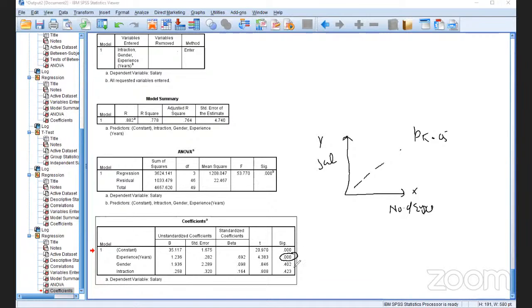Now gender is a categorical variable. There is no impact of gender when we take the two simultaneously, the independent variable and gender. But when we checked separately, we found there is a significant difference in gender as well as in number of experience.